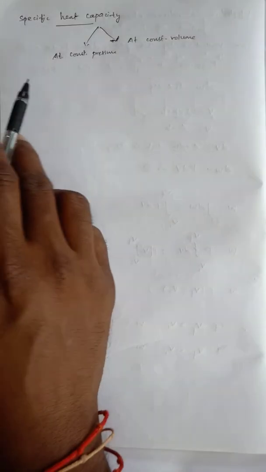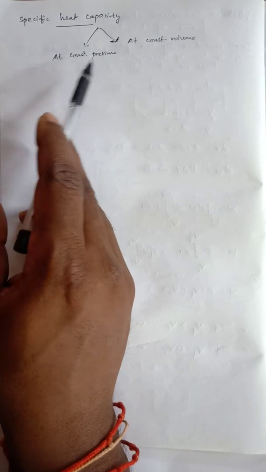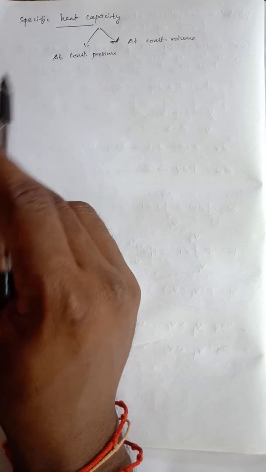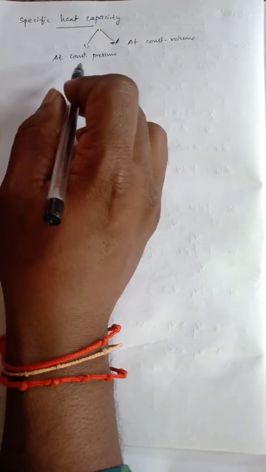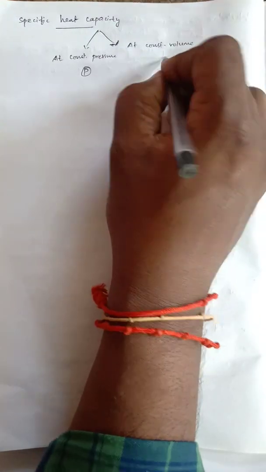Now we will see the definition of these two: specific heat capacity at constant pressure and at constant volume. At constant pressure means P is constant here, and at constant volume, V is constant.